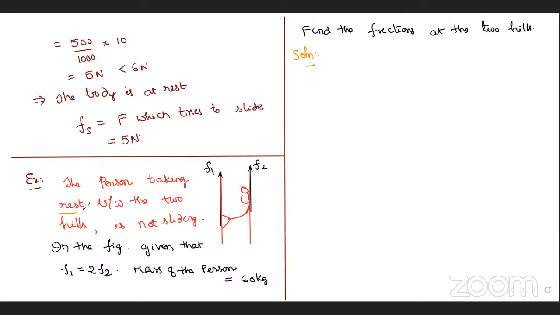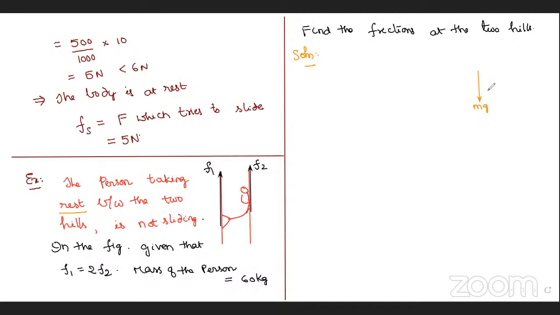Because he is at rest. At rest means downward force should be equal to the total upward force. Downward force is only his weight. Shrestha, I think you are 100% wrong.